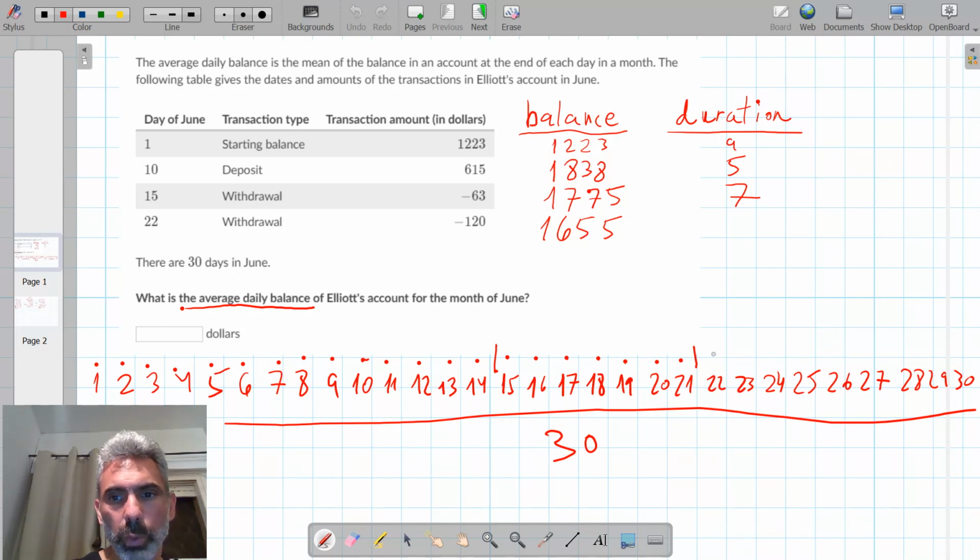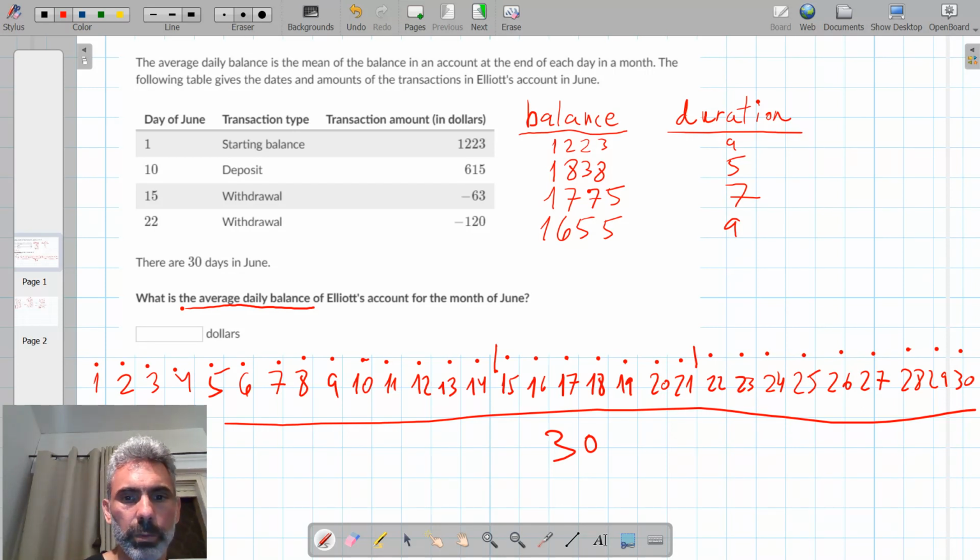So June 22nd, 1, 2, 3, 4, 5, 6, 7, 8, 9. There are 9 days where the balance has stayed the same, $1,650. Okay.